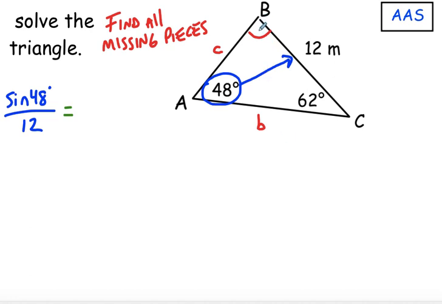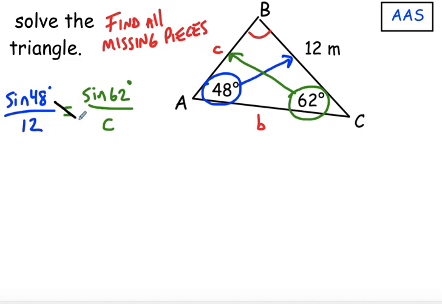I don't have any information about angle B or side B, but I do have information about angle C, and I can use that to find side C. So I would write sine of 62 divided by the side across from it, which is side C. And now we're going to just solve.